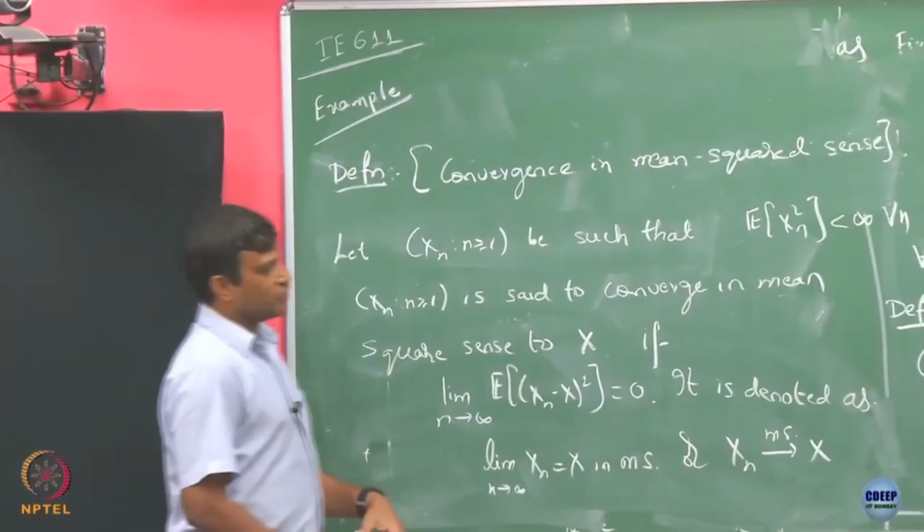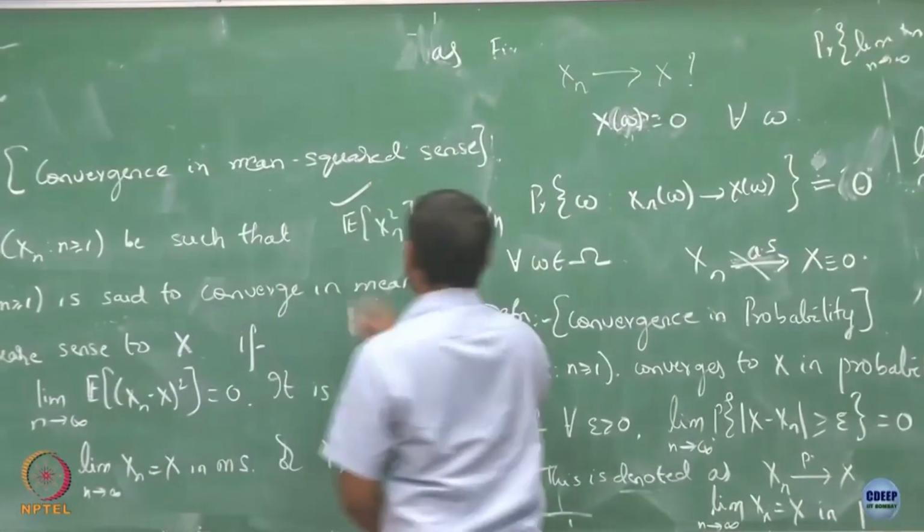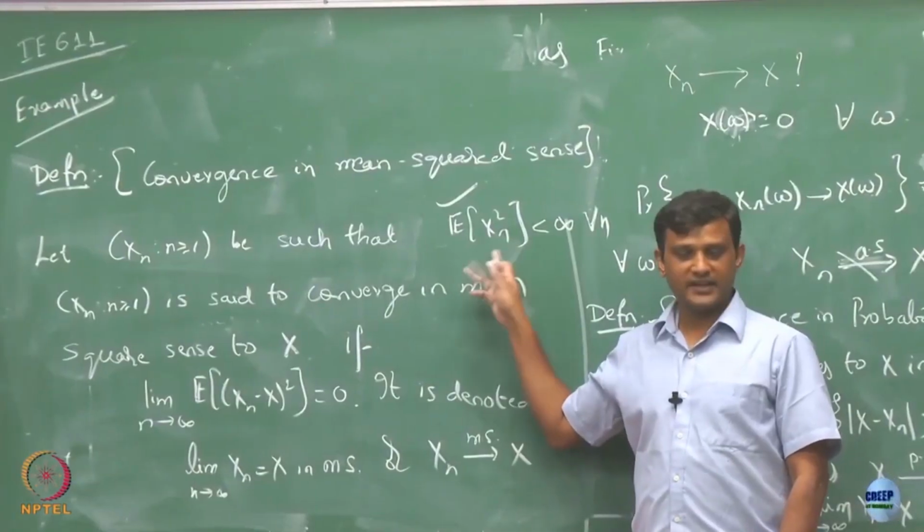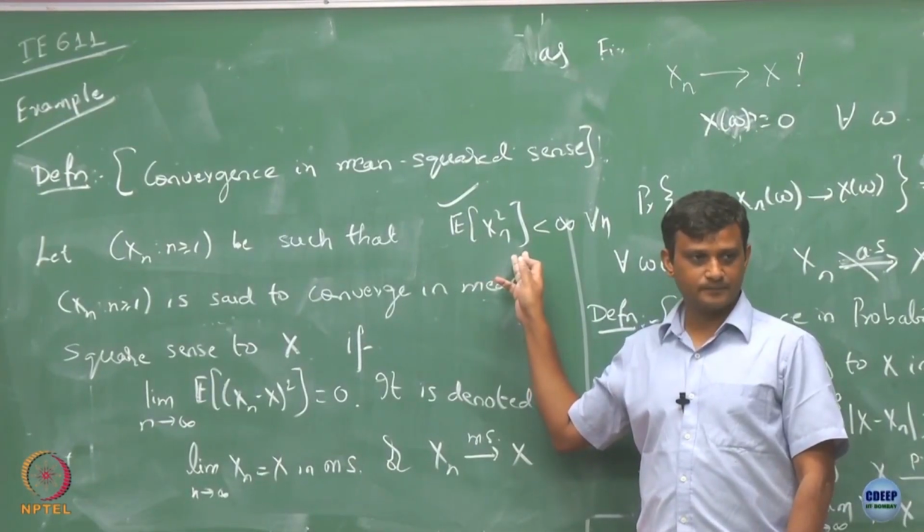Notice that I have put this condition that each of these random variables should be such that their second moment is finite.